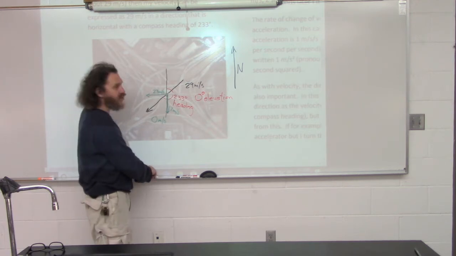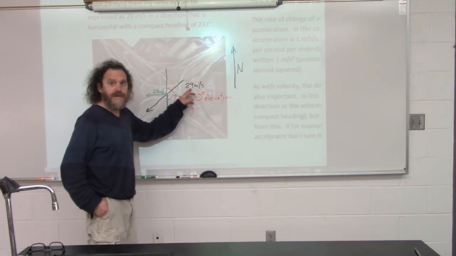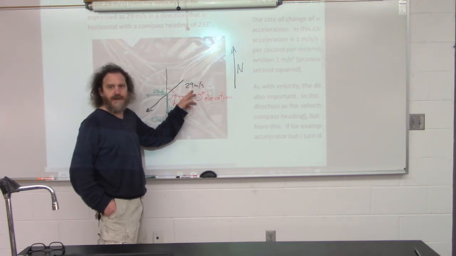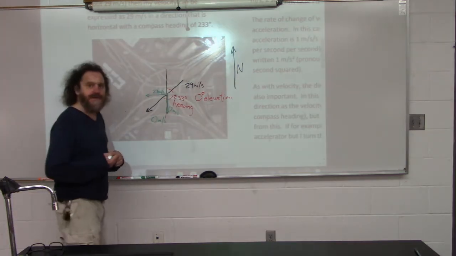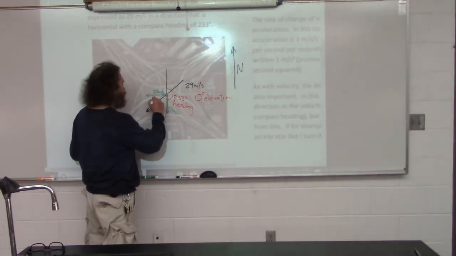That means that 1 second later you're going to be traveling 30 meters per second down the highway, and a second after that 31 meters per second, and a second after that 32 meters per second, right? We say in that case that your acceleration is 1 meter per second per second.